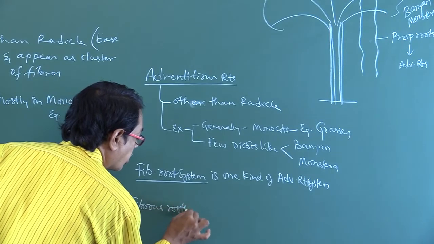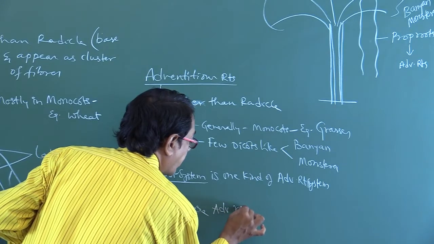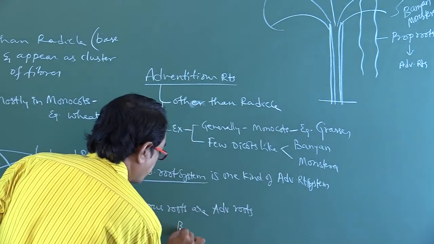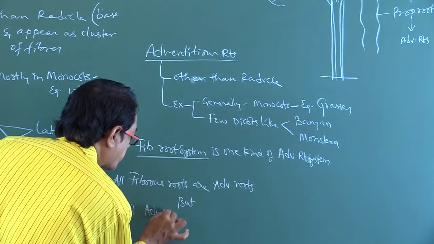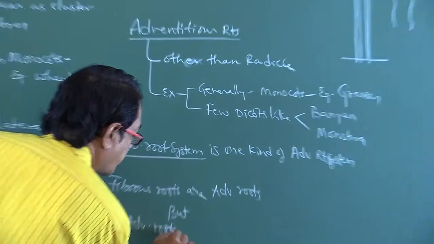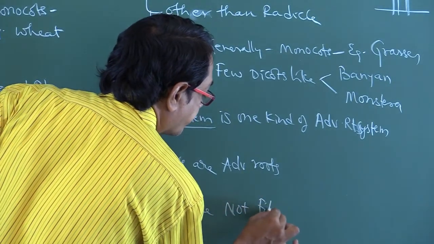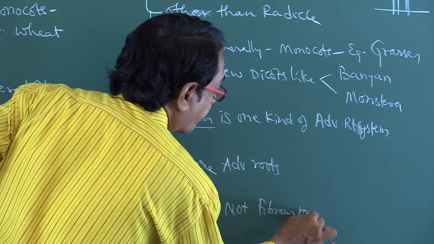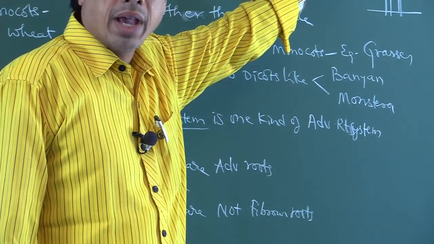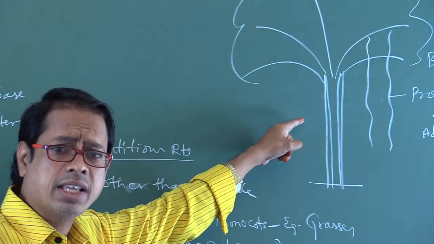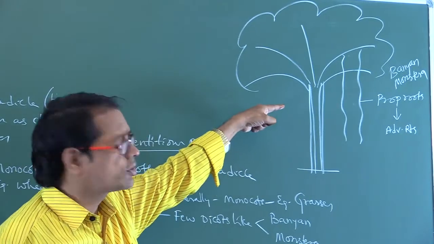If you observe banyan tree and monstera, those are considered adventitious roots but not fibrous roots.